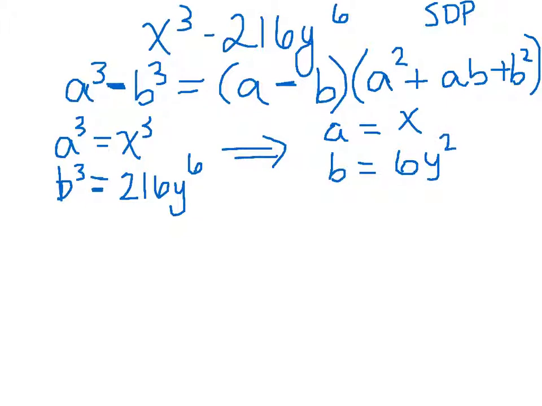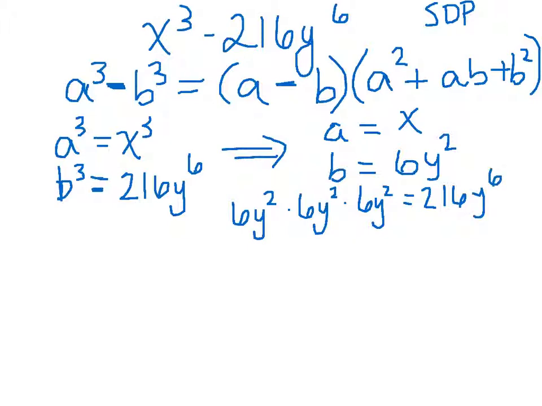If you need a little refresher on that, if I multiply 6y squared times itself 3 times, 6 times 6 is 36, times 6 is 216, and y squared times y squared times y squared is y to the 6th. Remember, you add the exponents, or you can think about expanding them.